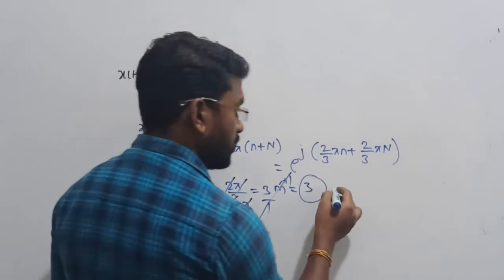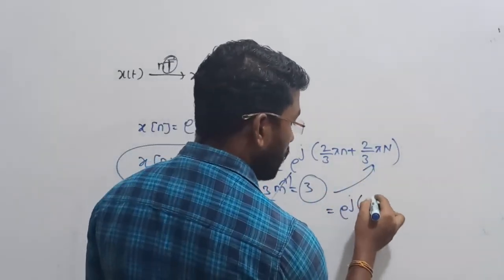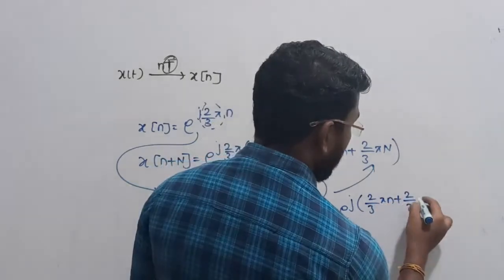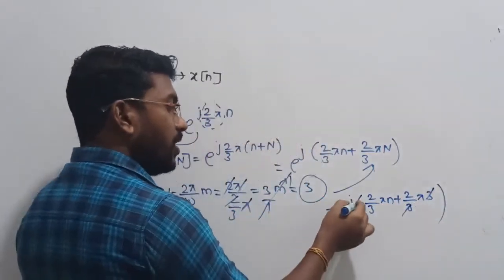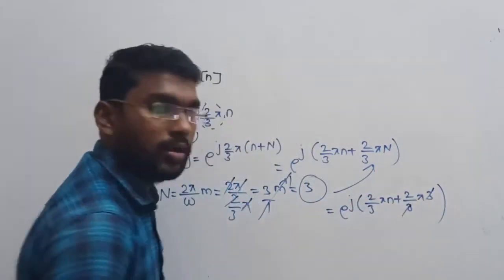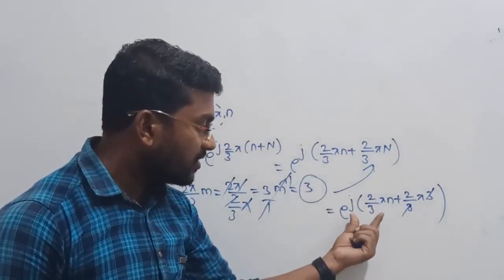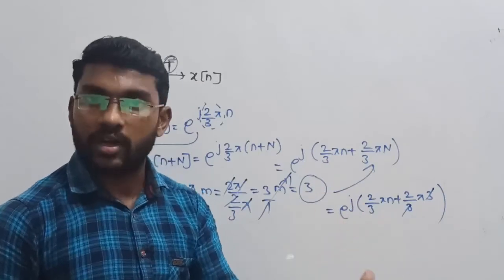Let us substitute and check. On substituting, I am getting e power j times of 2 by 3 pi into n plus 2 by 3 pi into N, and with N equal to 3, the 3 gets cancelled. See there, e power j theta plus 2 pi: once again it will repeat. Whether sinusoidal or a complex signal, e power j theta is nothing but cos theta plus j sin theta, which is also a trigonometric function only.